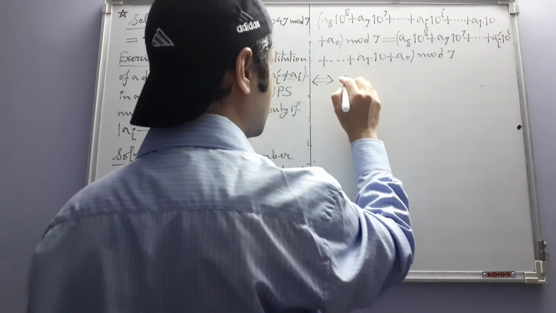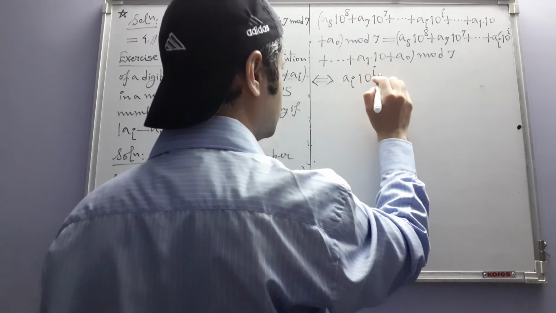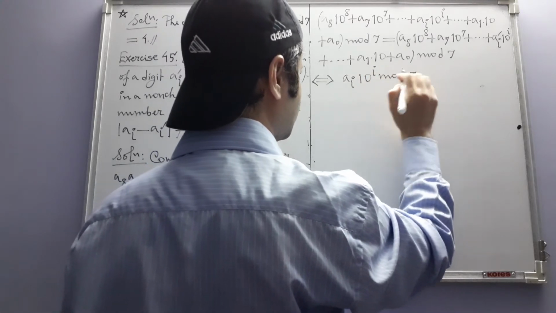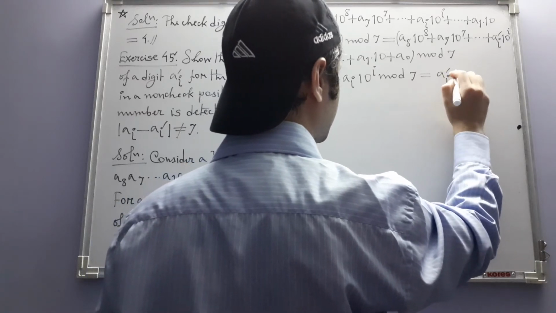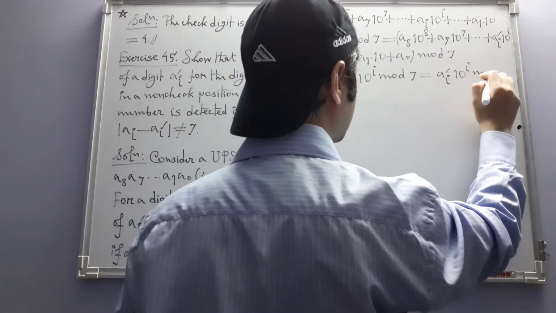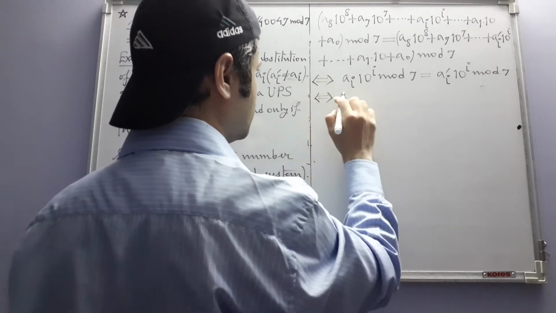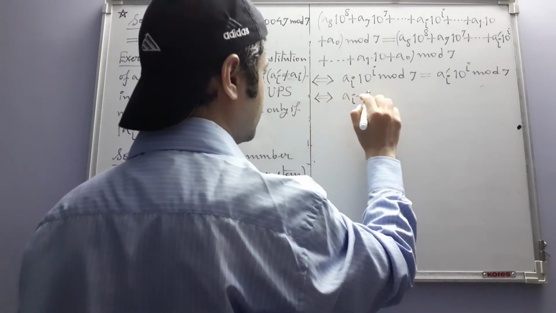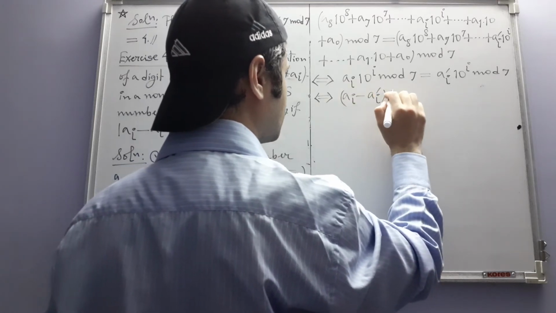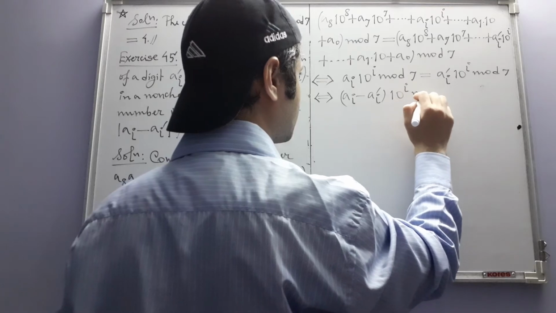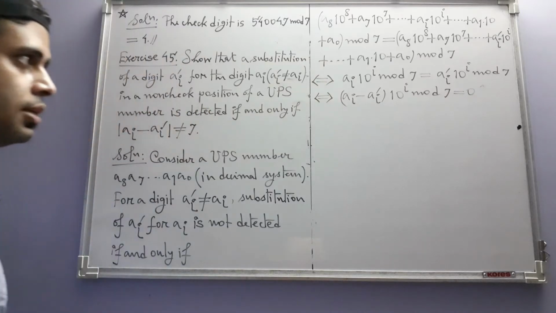Or let us write this one first. AI times 10 to the power I mod 7 is equal to AI prime times 10 to the power I mod 7, if and only if AI minus AI prime times 10 to the power I mod 7 is equal to 0.